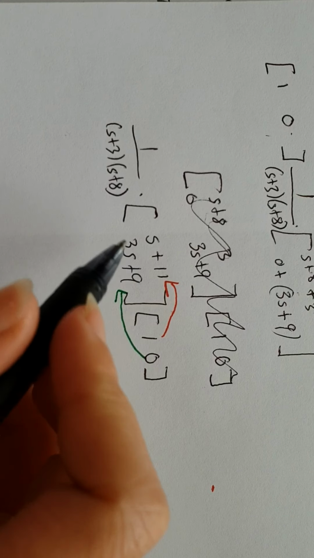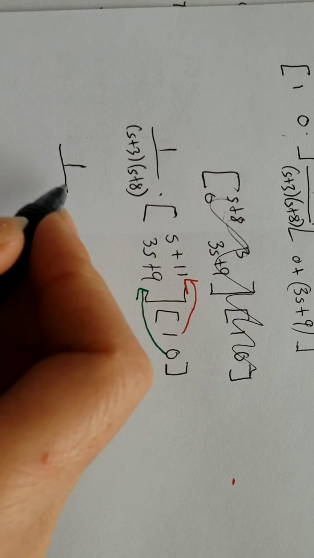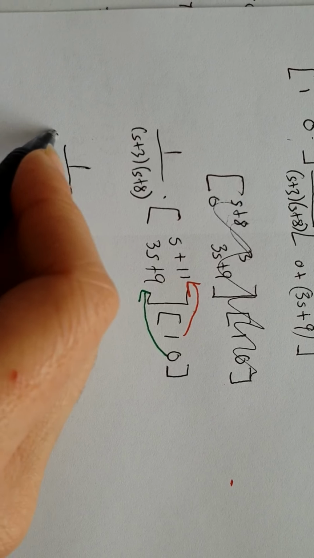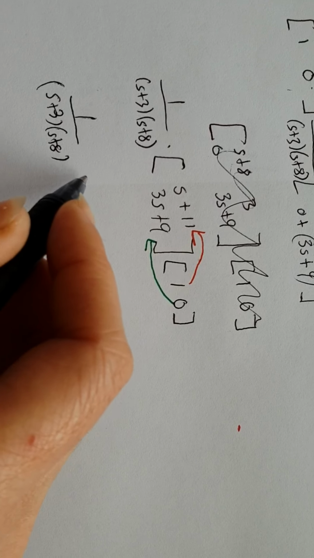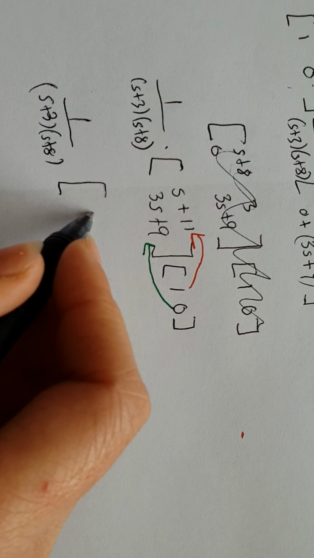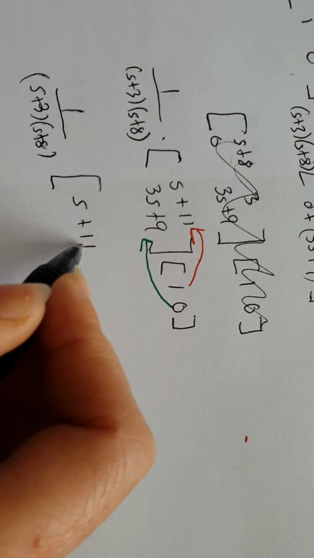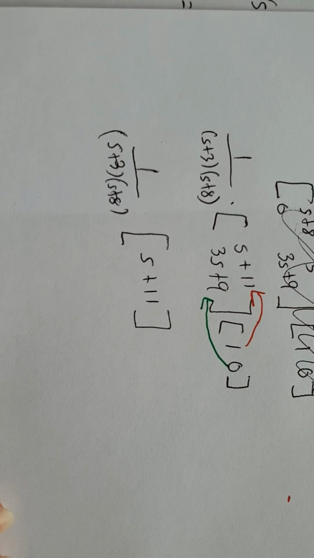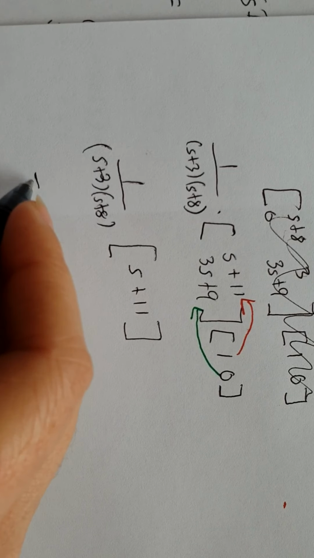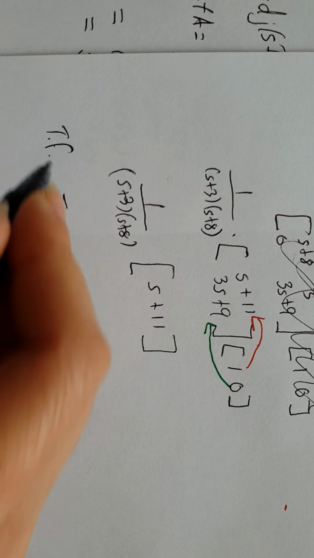Our bottom term is going to be cancelled out completely, so we're just going to get S plus 11 over S plus 3, S plus 8. There we go. Now we can rewrite that so we have our transfer function.